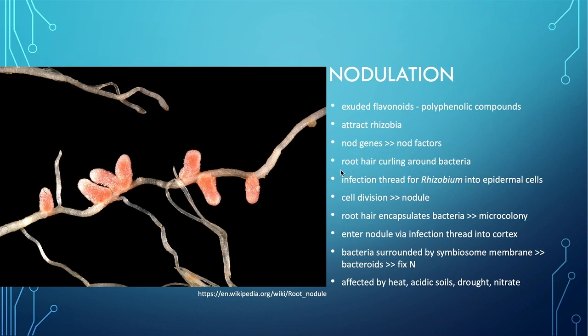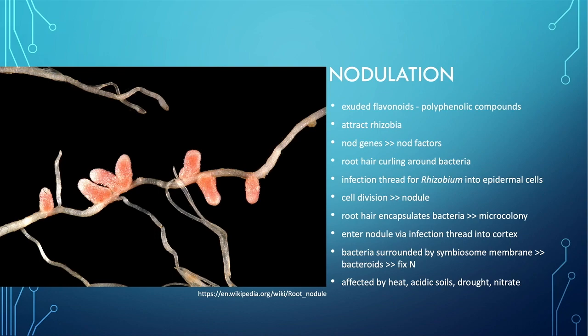And these nod factors allow root hair curling around the bacteria to start occurring. So they basically modulate the plant behavior and allow the bacteria to start having a place to live around, first of all, the root, but then they move into the root.